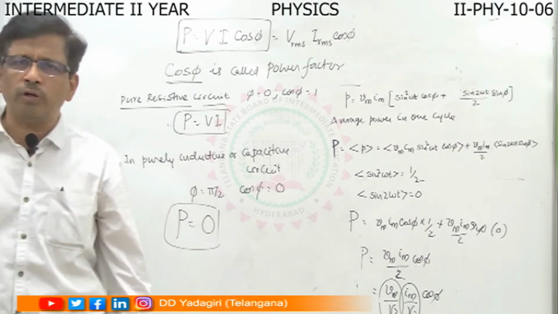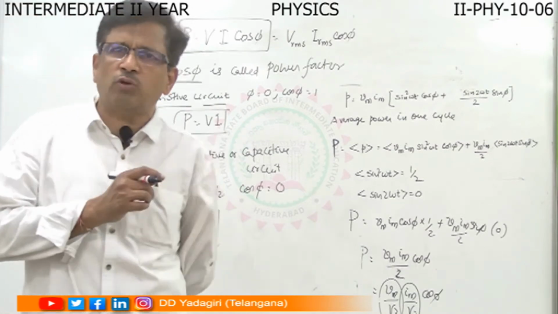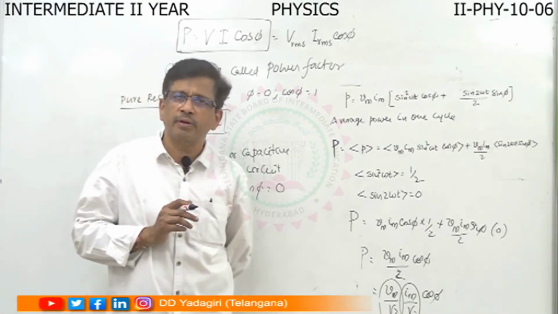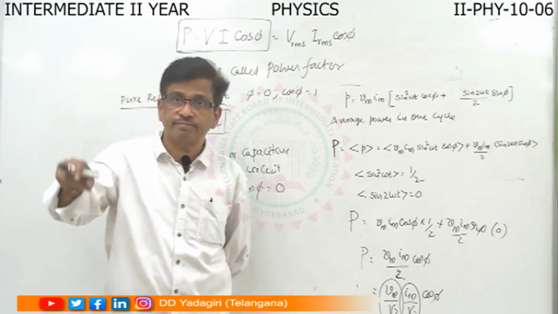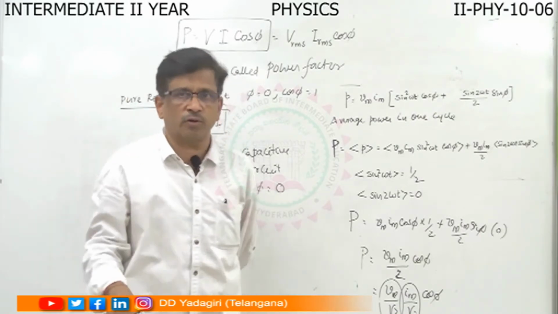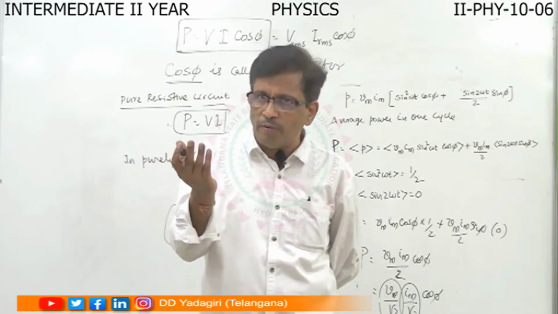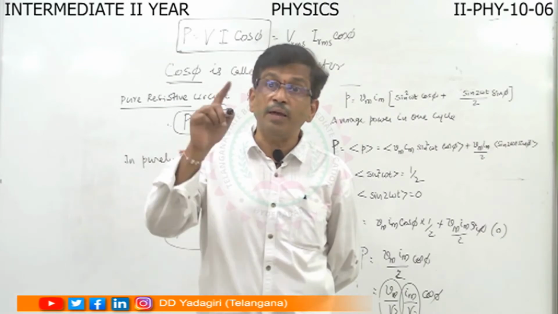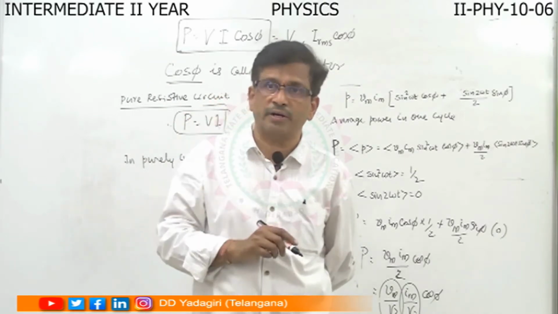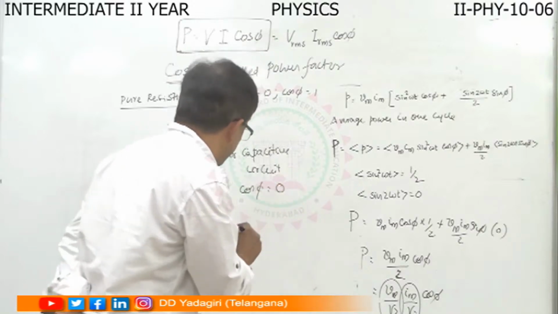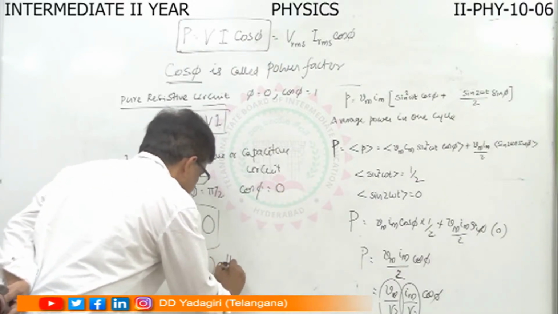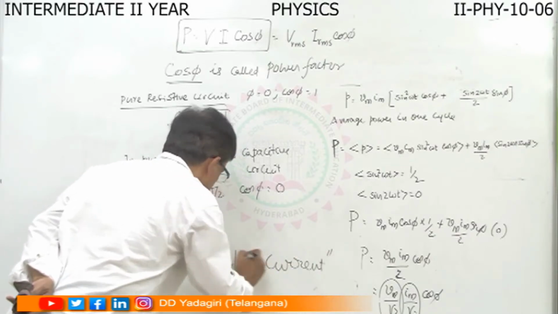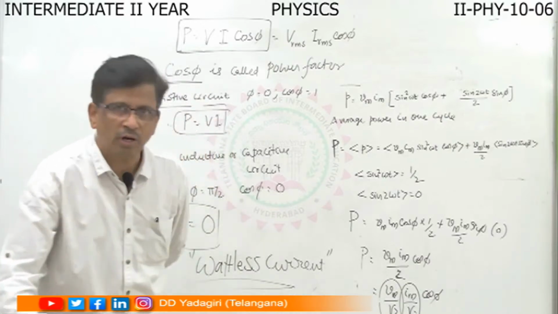So if you talk about a purely inductive or purely capacitive circuit, what happens to the power? 0. No power is dissipated. Current will be flowing in the circuit, but there is no power loss. That type of current is called wattless current. This is an important question. What is wattless current?